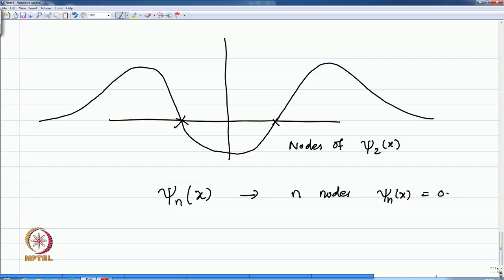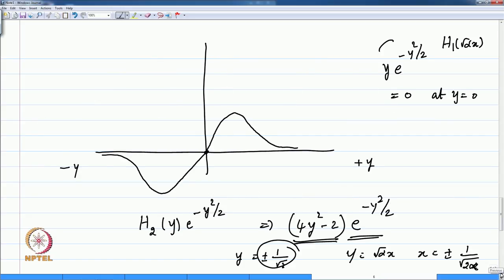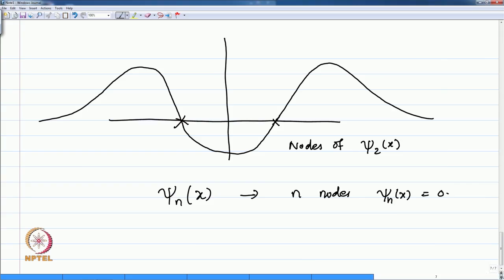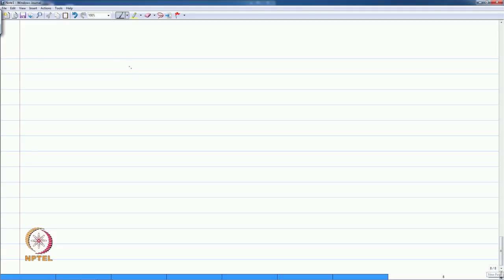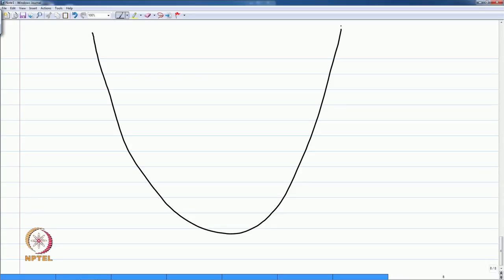Now, if you reach very large quantum numbers, what does it do? If you try to plot the wave function for very large, if the barrier is something like that, okay, and you plot the wave function, you will see that the wave function squared is something like that.